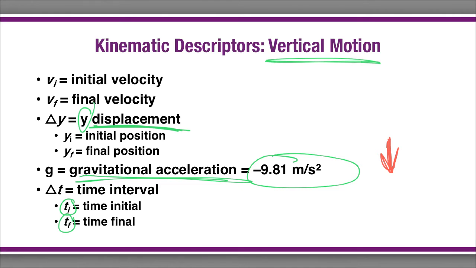The final and initial time should really come into play if we're looking at a specific interval, say between 5 and 10 seconds. All right, so your 10 would be your tf, where your 5 would be your ti. So then your change in time is actually going to be 5 seconds. All right, so that's when that particular term will come into play.